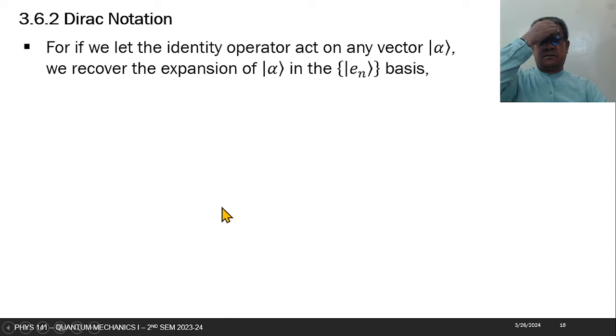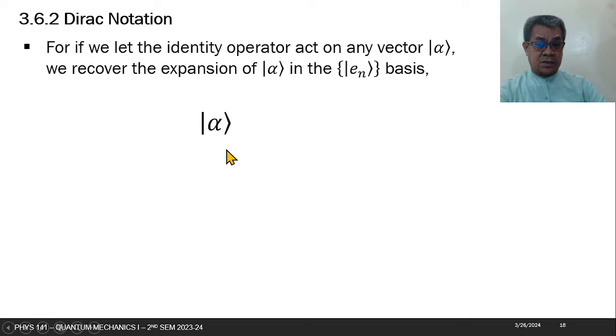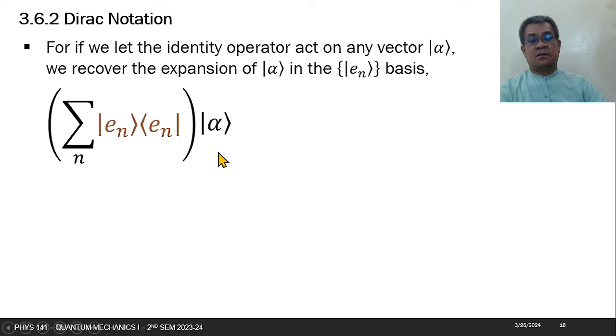So now if we let the identity operator act on alpha, we recover the expansion of alpha in the En basis. For example, if we have alpha, then we let the operator act on this vector. Take note, this is 1, so nothing changes with the vector.